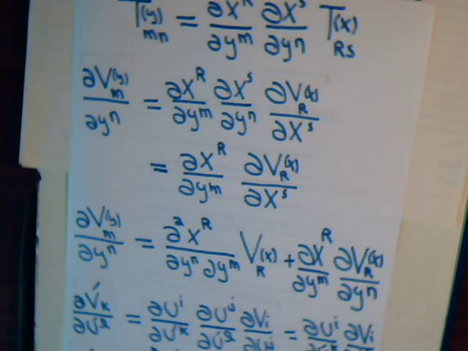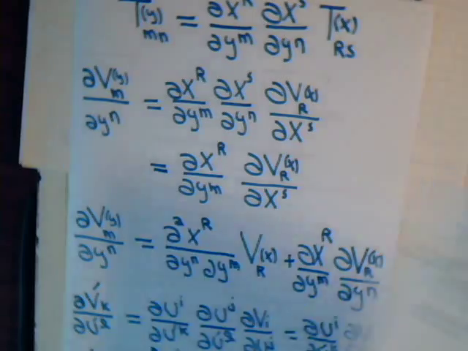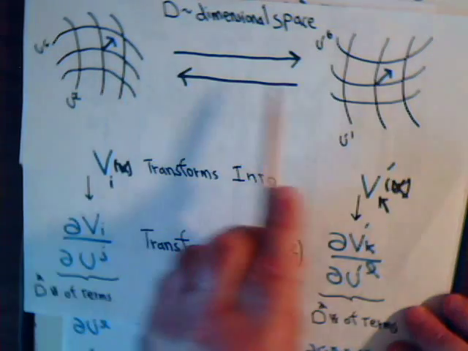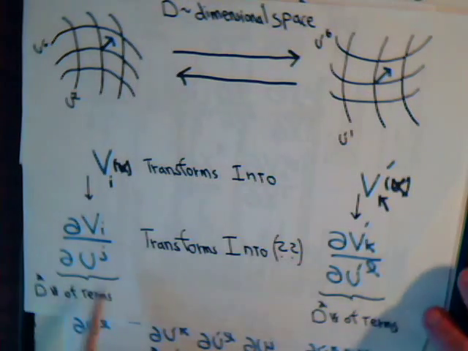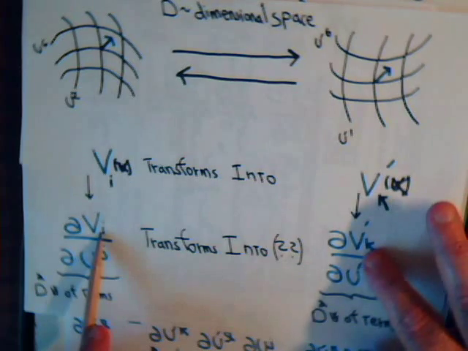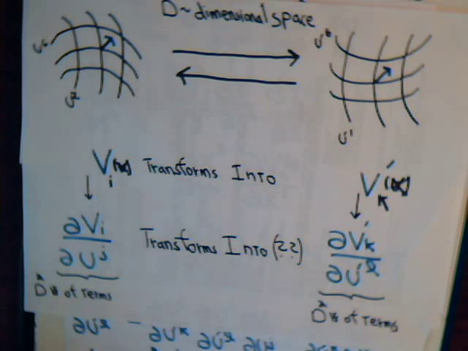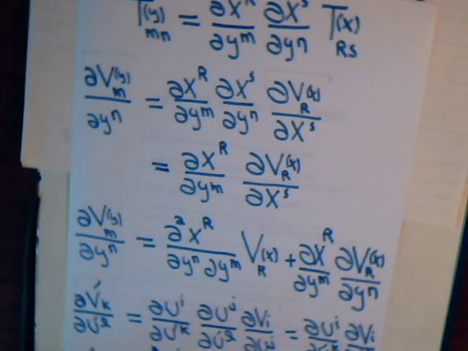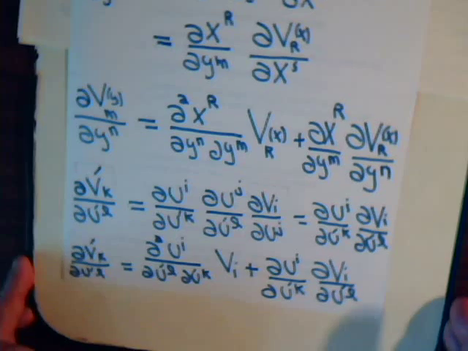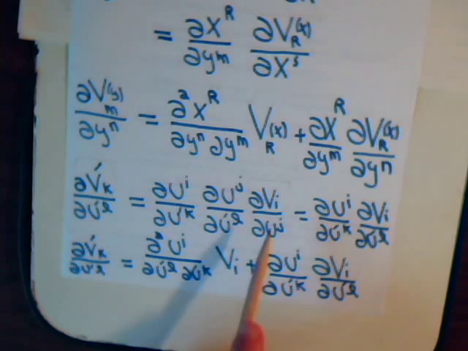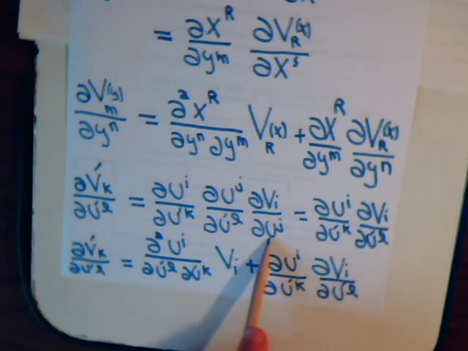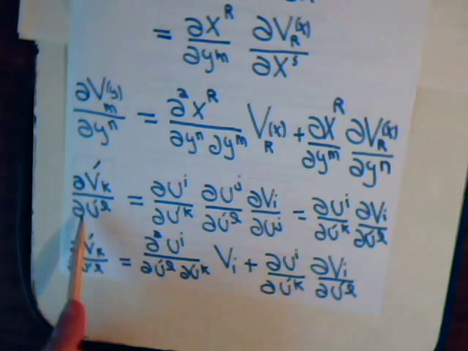The same thing happened when we considered going from one curvilinear system to another, taking partial derivatives of covariant components, and asked whether these transform like a tensor. Here's the d-squared number of partial derivatives in the unprimed system, and here's the d-squared number of partial derivatives in the primed system.